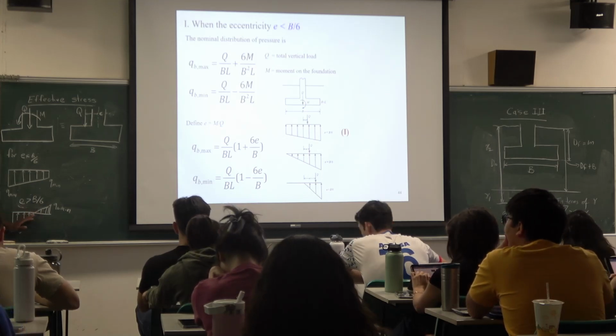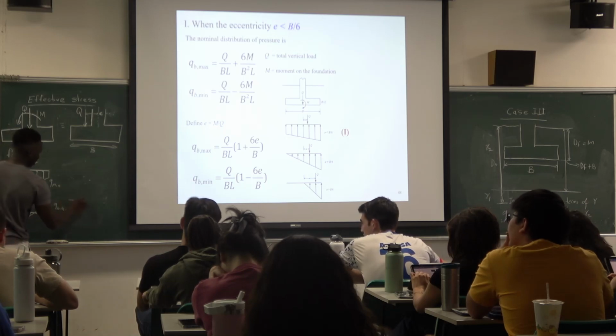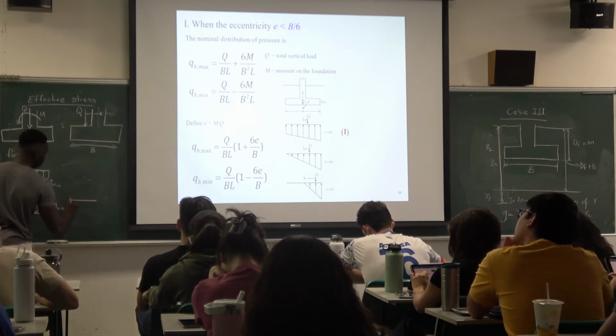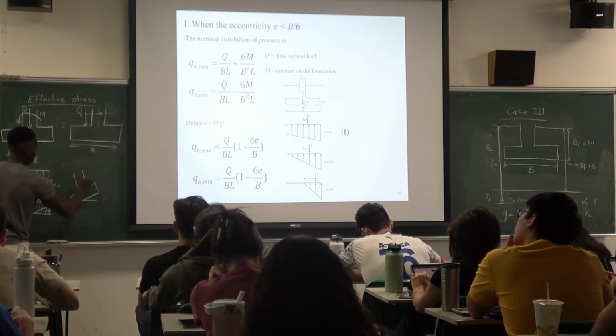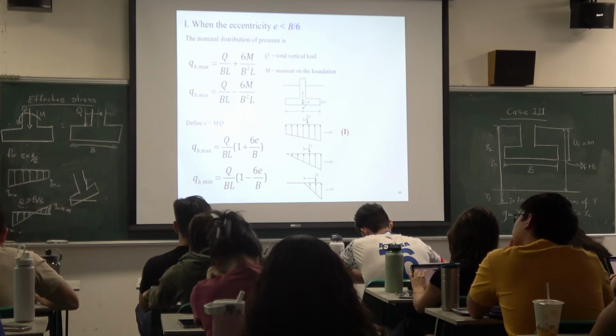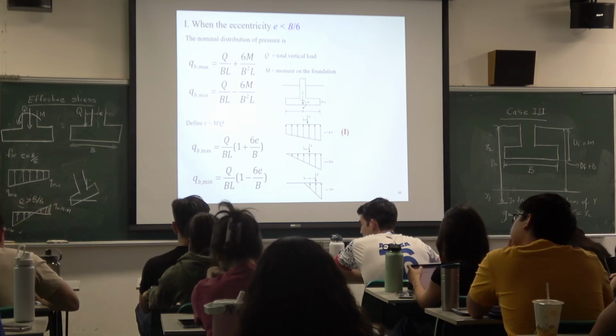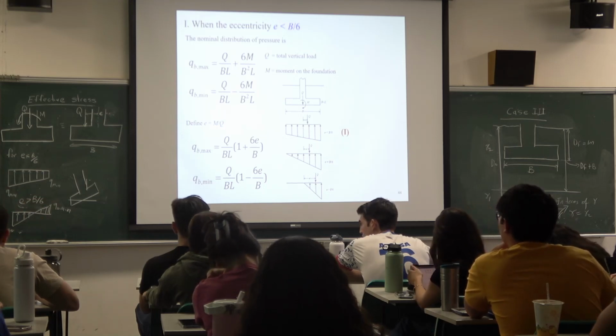This part is compression, right? So maybe this is your soil layer. Your footing will be more like this. Maybe something like this. Some part of the footing is not in contact with the soil layer. Because the soil cannot take tension, it means they are not in contact.